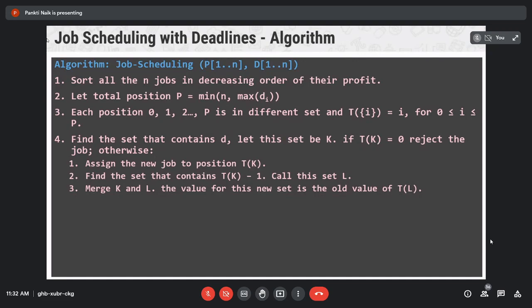So this is the job scheduling algorithm for the greedy method. Now, anybody has any doubt in this job scheduling algorithm? No, ma'am. It is a very simple algorithm.